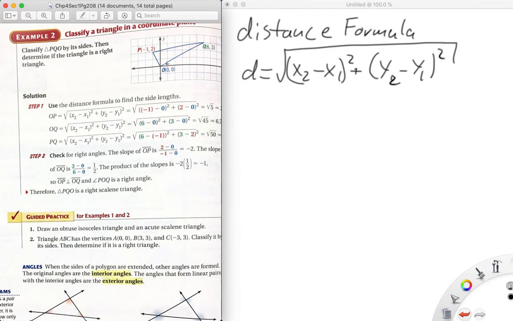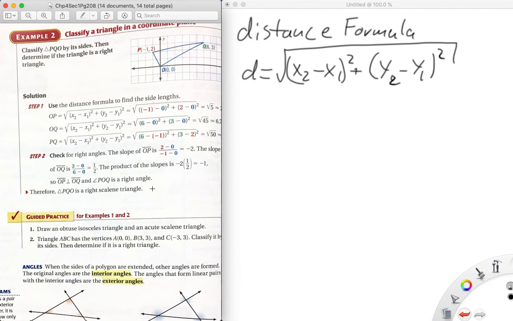And then to determine the angle, you can determine if an angle is a right angle by multiplying their slopes. If you multiply the slopes of these sides and you get a negative reciprocal, or they multiply to -1, then you have a perpendicular or right angle. That's about the only way you can classify whether it's right or not.